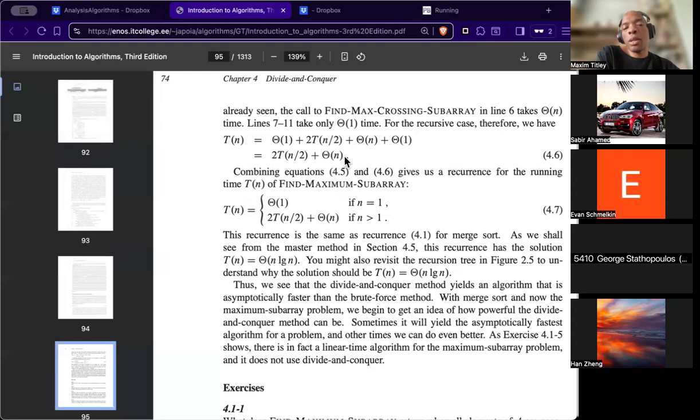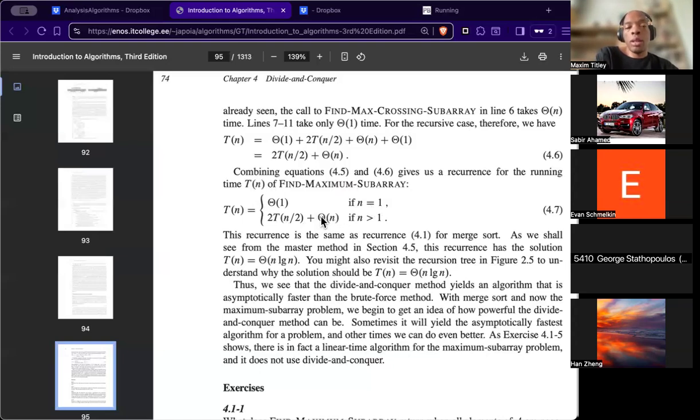And you look at it for what it is, it looks like it's almost linear all the way through, right? But notice what we say here. If n equals 1, only one element, then it's going to be constant. However, if it's not just one element, then what we're going to have is a combination of 2 times T of n over 2, however much work was done recursively, plus theta of n, finding that subarray, okay?